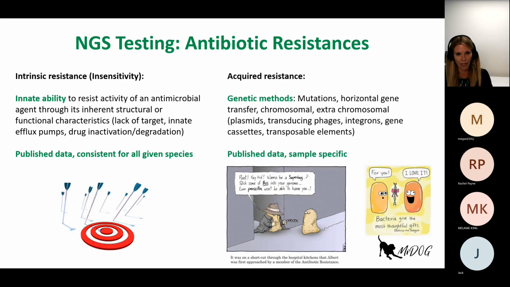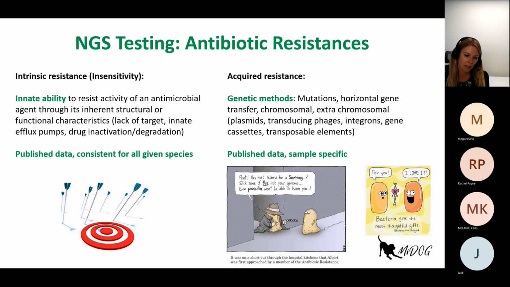On the other side, we have acquired resistances. These are genetic mutations, and those are very specific to each individual sample and each individual bacterial cell. A bacterium might have a mutation just because of the pressure of having an antibiotic present, and they double very quickly, so mutations happen quickly, and that's just how a bacterium might become resistant to a given antibiotic.